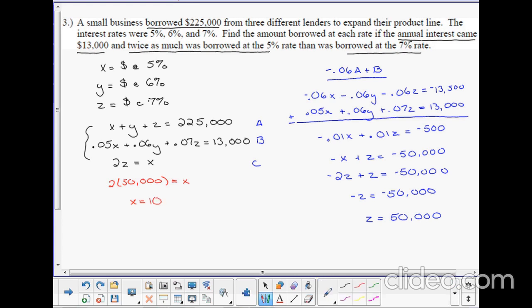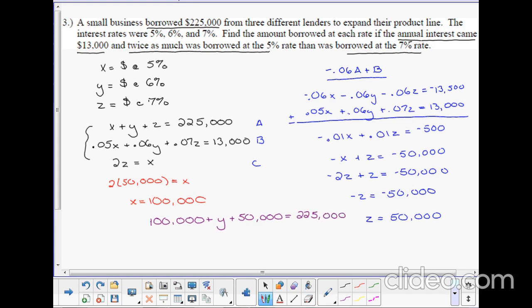Finally, I can take what I know for x and what I know for z, and substitute it into equation A. So A would now be 100,000 plus y plus 50,000 equal to 225,000.